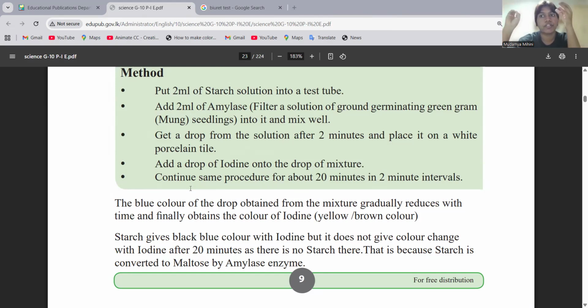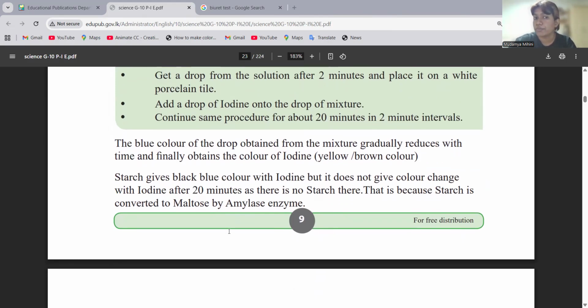From the first time, it will be blue color. As time goes by, you can see that the blue color is turning to the color of iodine, which is yellowish, brownish. So starch gives a black-blue color with iodine, but it does not give a color change with iodine after 20 minutes if there's no starch. That's an important point to note.